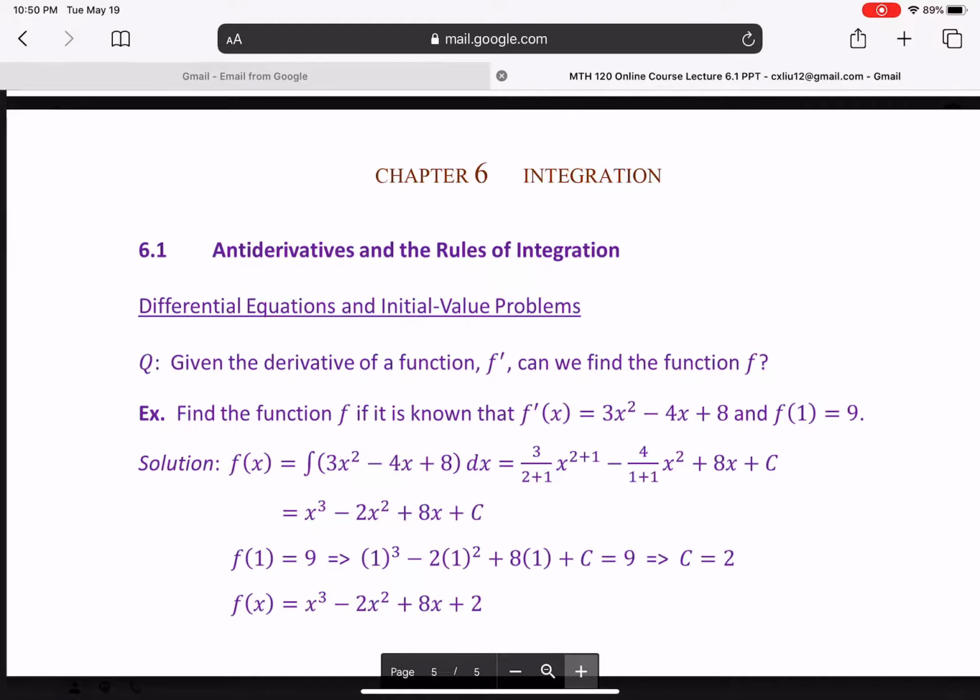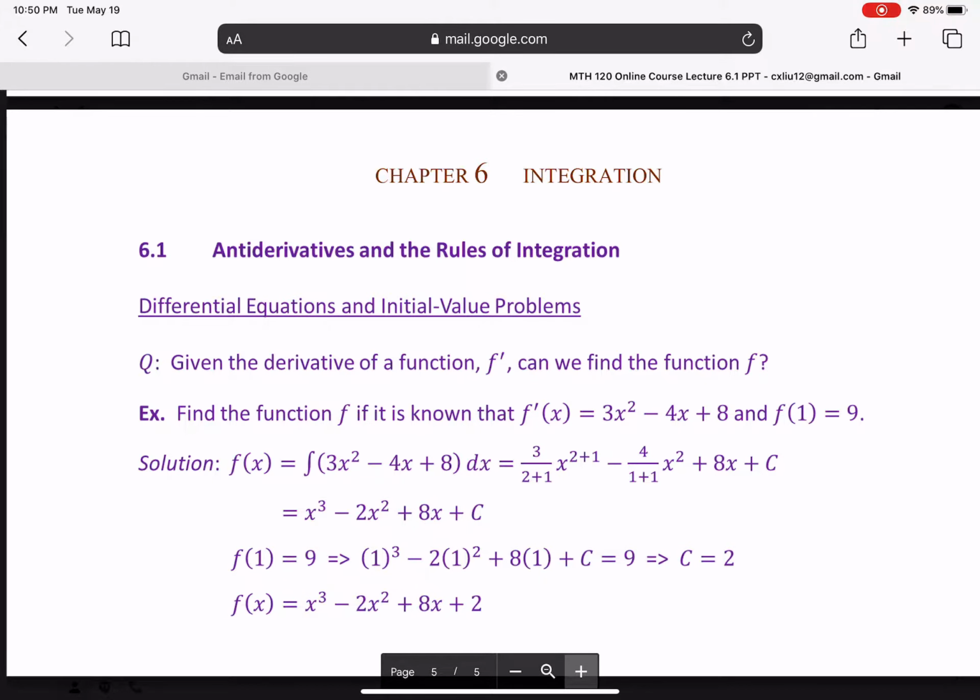So let's do one simple example. Find the function f if it is known that f prime equals 3x squared minus 4x plus 8, and f of 1 equals 9. So we just integrate f prime to get 3 over 2 plus 1 times x to the 2 plus 1 from the first term, minus 4 over 1 plus 1 times x to the 1 plus 1, x squared, from the second term, plus 8x from the third term.